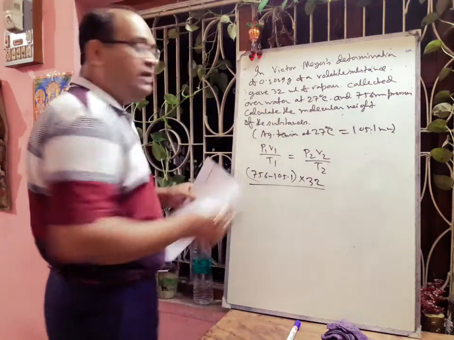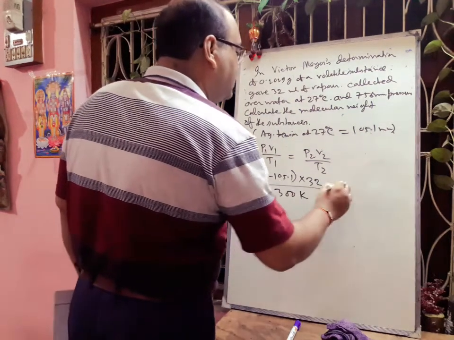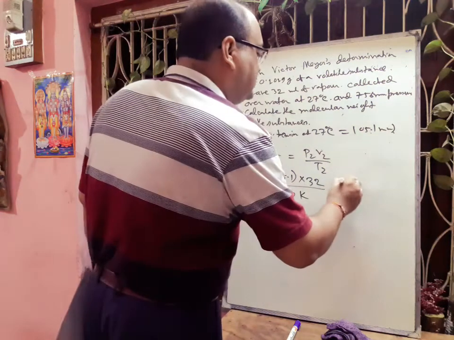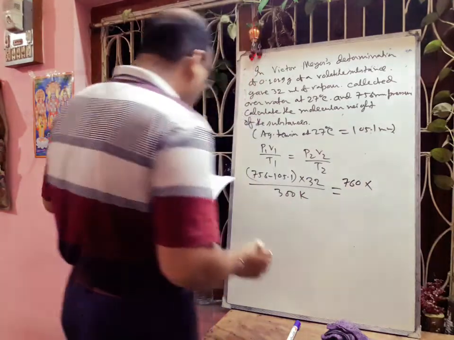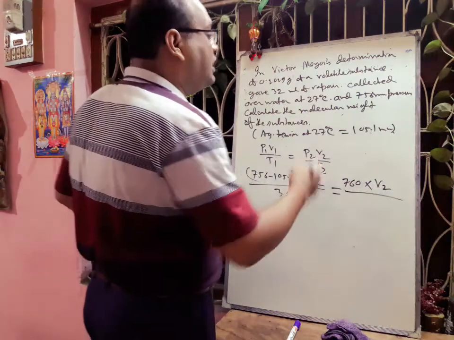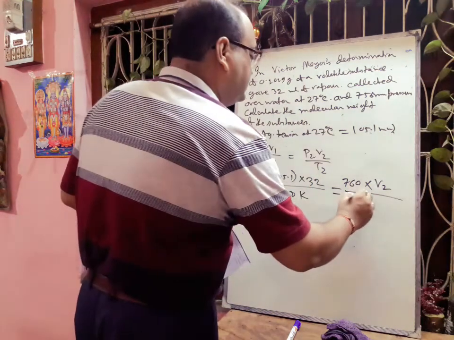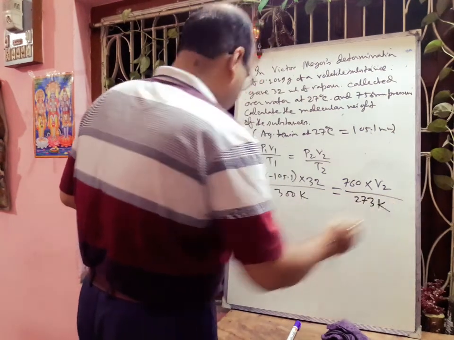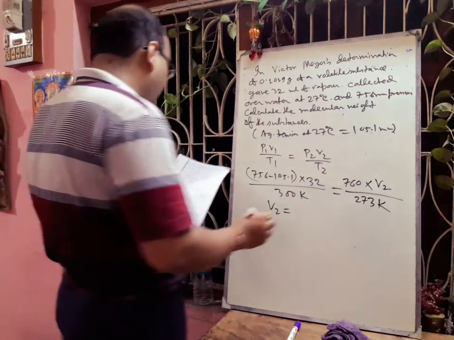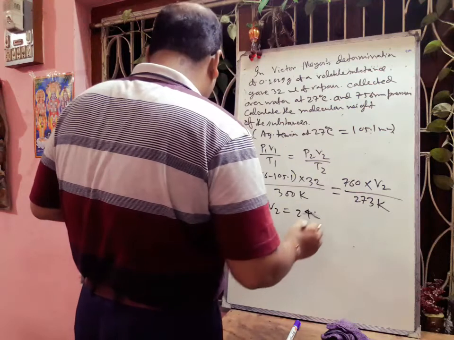Now temperature is given 27, we have to convert it into Kelvin, that will be 300 Kelvin. That will be equal to pressure, that means standard pressure, that is 760 mm of Hg. Now what will be the volume, that is our question. And next the standard condition, that temperature is 0 degree, that will be 273 Kelvin. So if we calculate the V2 here, we will get the value 24.94 ml.